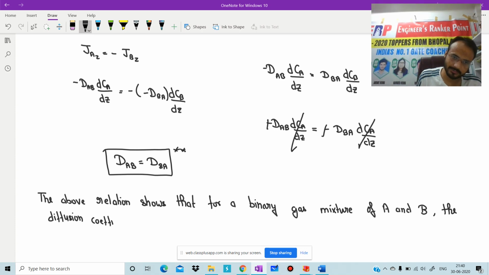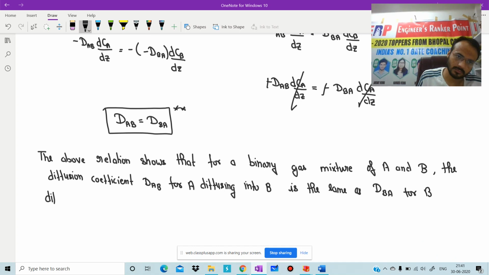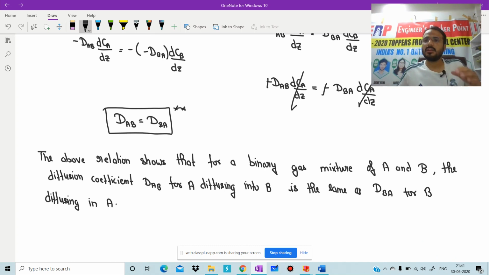the diffusion coefficient DAB for A diffusing in B is the same as DBA, meaning for B diffusing in A. It means if A is diffusing in B, B is diffusing in A, both in the opposite direction.